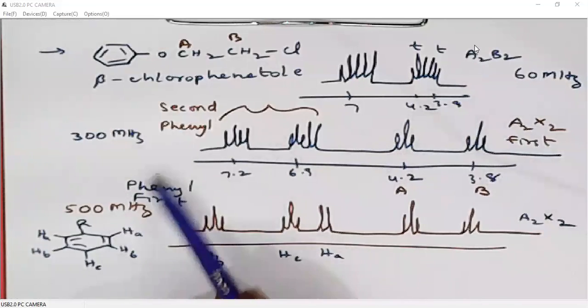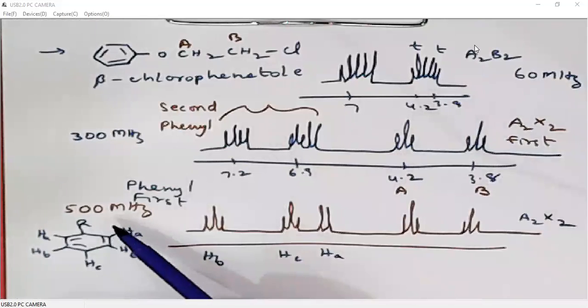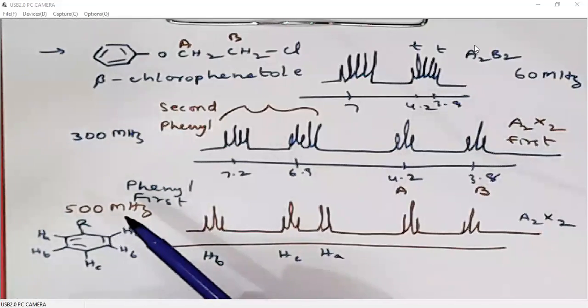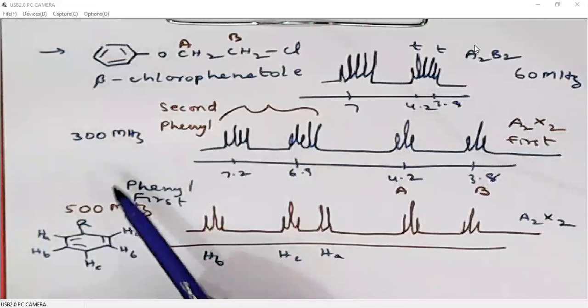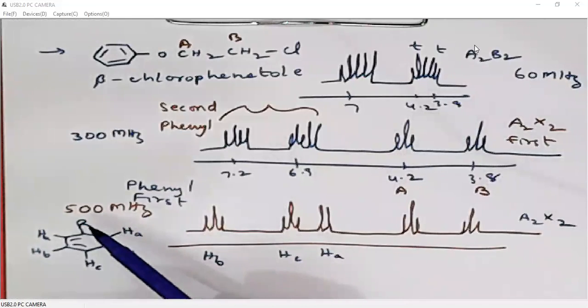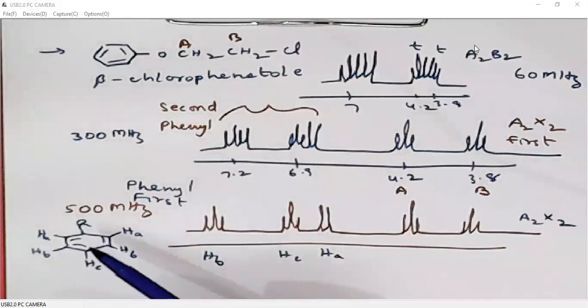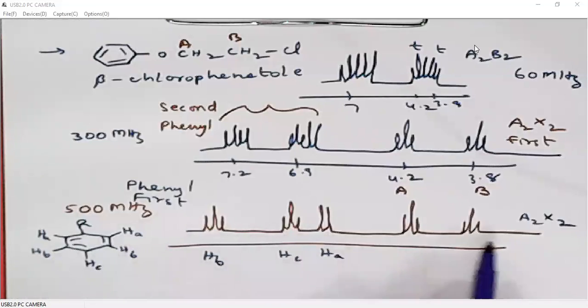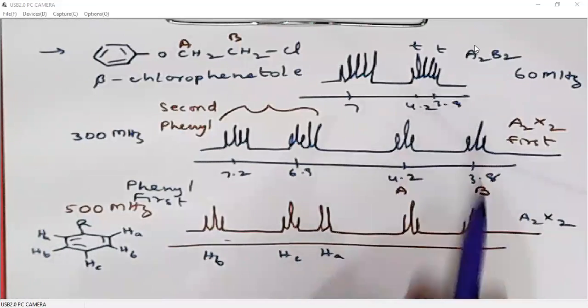But nowadays we have more advanced spectrometers: 300, 400, 500, 600, 800 megahertz instruments. When we have high magnetic field instruments, the spectra are very clear and we observe only first order spectra. Nowadays we are not observing any second order spectra.